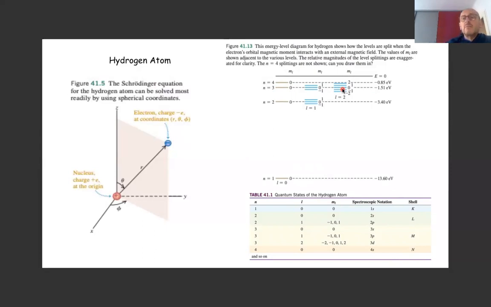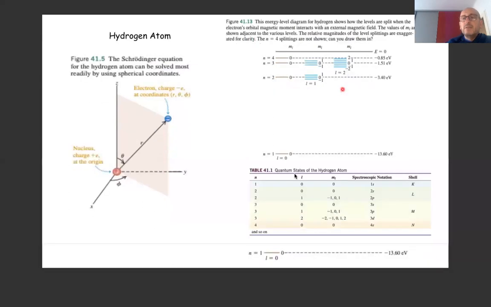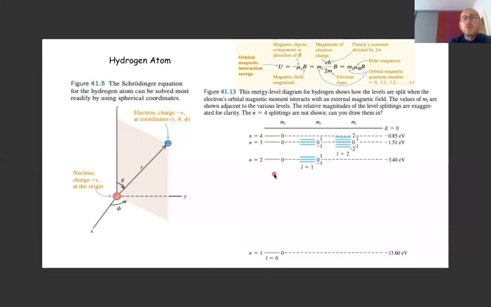But if I apply a magnetic field, and I now know there is an interaction because there is a magnetic moment associated with a rotating electron around a nucleus, I find there's a splitting.